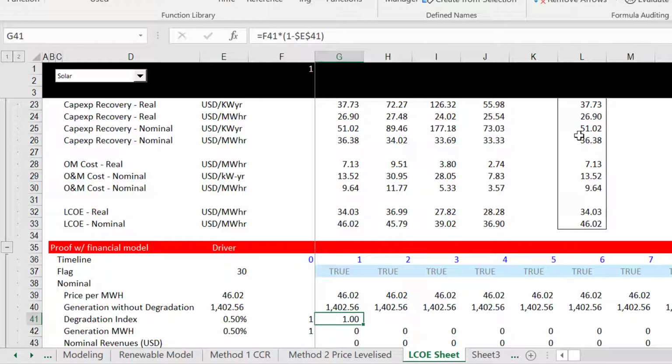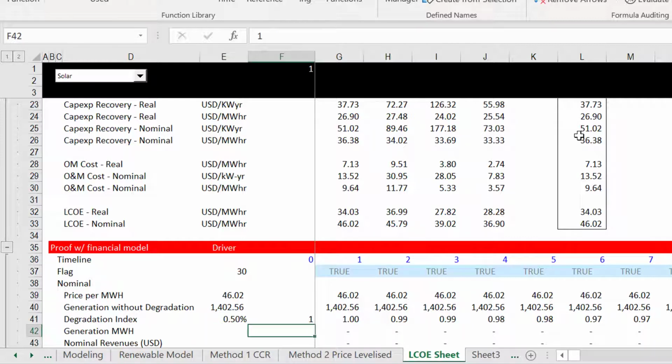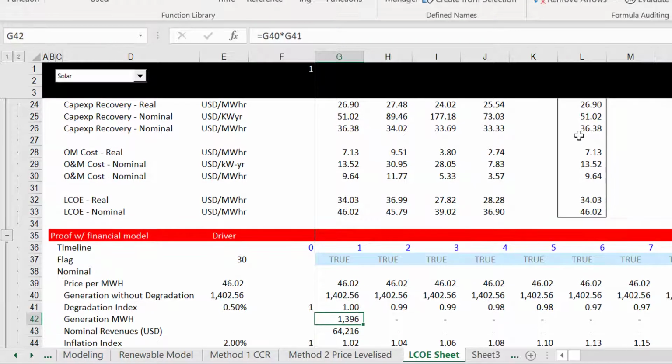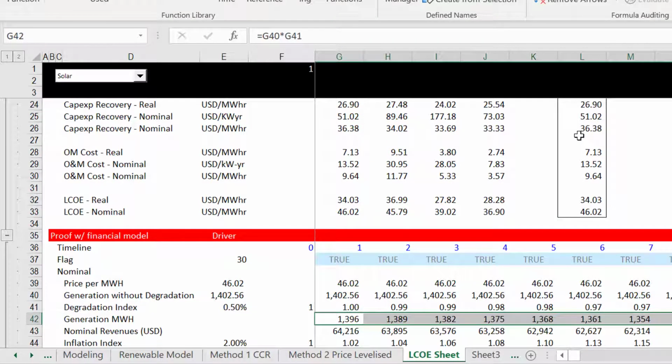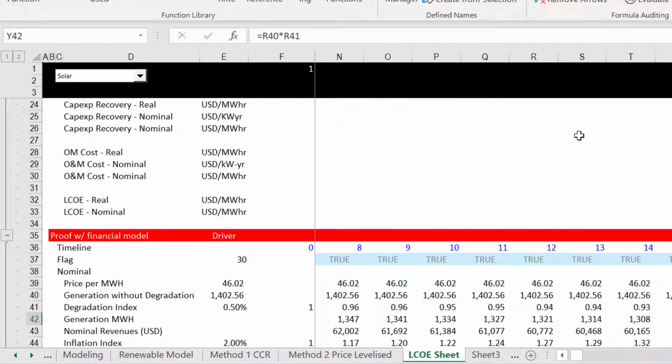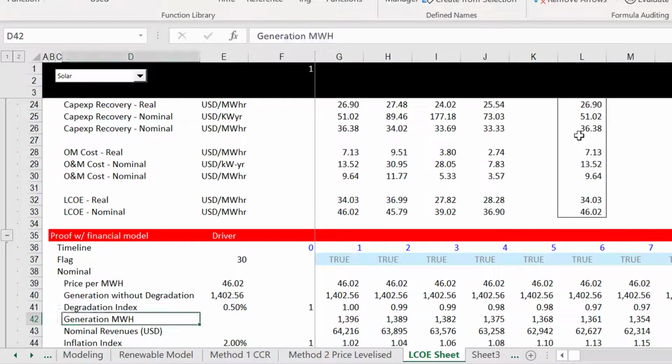And I remember somebody telling me, no, you should increase it and then divide it. And then our generation is just this multiplied by this. Okay, and so our generation is going down a little bit, and eventually it goes down by a lot, and our revenues are multiplied by the price as usual.